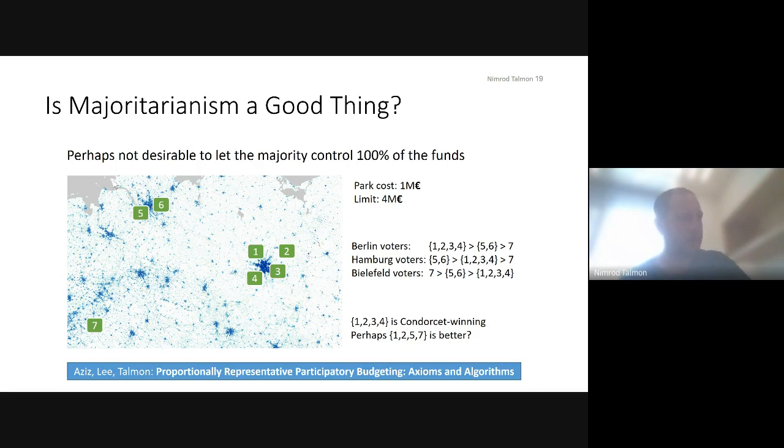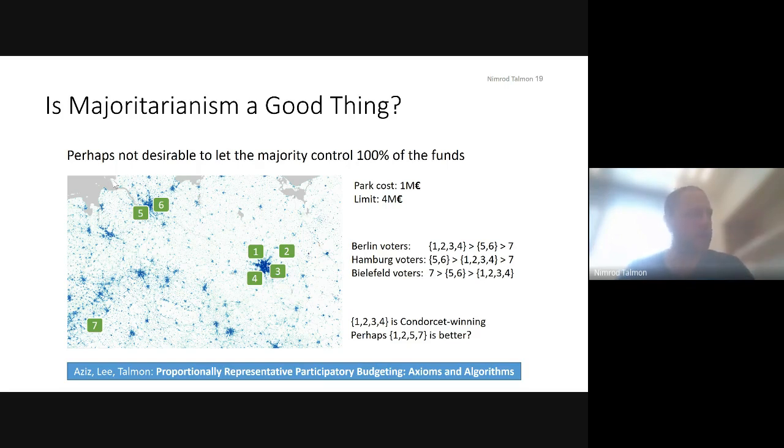It's also important to note that this greedy algorithm, and also this utilitarian algorithm that I described before, that tries to maximize the total satisfaction, defined as the number of projects that the voter approves and get funded, all these algorithms basically will select only projects from this one neighborhood.